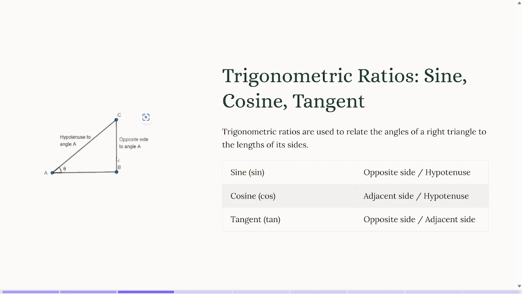If someone asks you what cosine is, cosine is the adjacent side by hypotenuse, that means base upon hypotenuse. And tangent is opposite side by adjacent, that means perpendicular upon base, p upon b. So the final conclusion is: sine equals p upon h, cos equals b upon h, and tan equals p upon b.